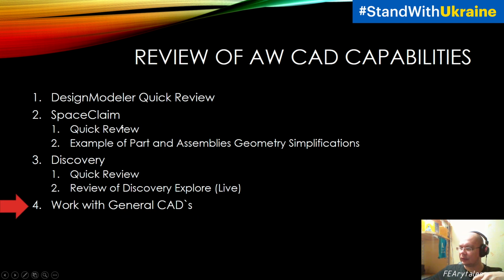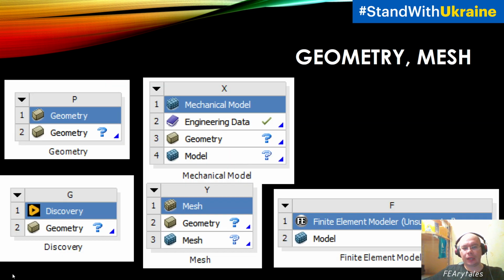The next question from the list is working with geometry from general CAD like SolidWorks, Creo, NX, Siemens, SolidWorks, Catia, Inventor, Fusion, and many others. AutoCAD, for example. So it's an object where we can work with geometry in Ansys Workbench, and this is more general.